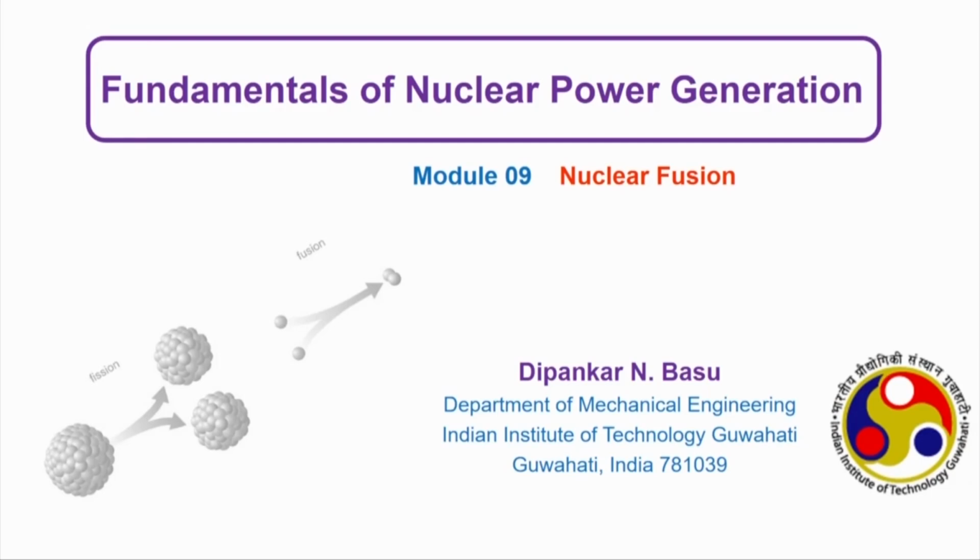From the very beginning of this course, I have been using this particular template, and we have always seen these two pictures. This is the fusion, this is the fission that we are talking about from the beginning. Here this heavy nucleus is getting broken into two smaller fission fragments, generally associated with some neutron release and of course production of energy.